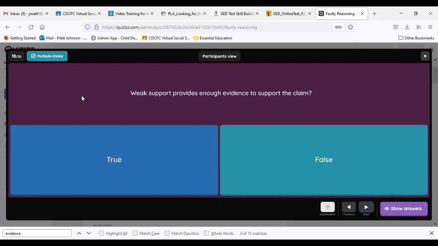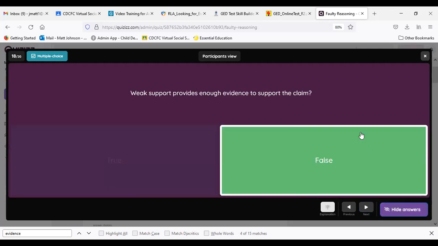True or false? False. Yeah, it should be false. We need to build a case for something. It's tough for you guys because these passages are small. There's not always a lot to work with here, and you have a limited amount of time. Heaping on evidence, the more evidence you can find, the better off you're going to be.